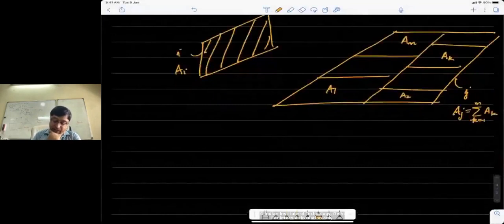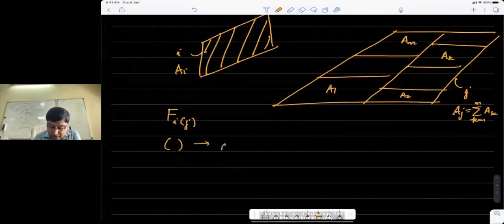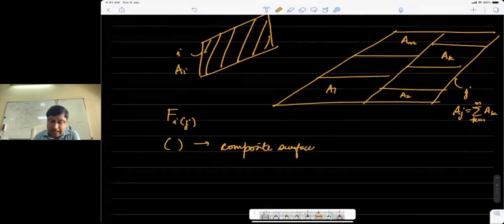So if I look at this case, and if I look at, let's say, the view factor f going from surface I to surface J, where I'm writing the parenthesis to indicate that that surface is a composite surface, that it is made of many elements.